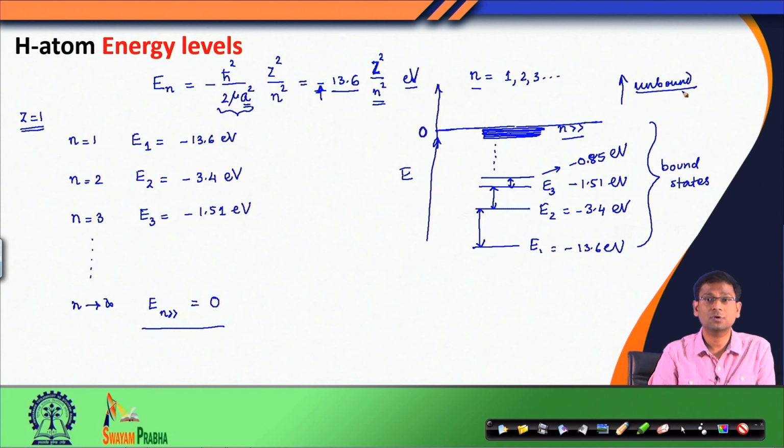If you remember, in the course of our discussion for the energy levels, at one point we decided to consider only the negative value of energy, and we said that for positive values of energy, the state of the electron is unbound. That means it is a free electron and it is no longer a hydrogen atom; rather, the electron is completely free of the nucleus.